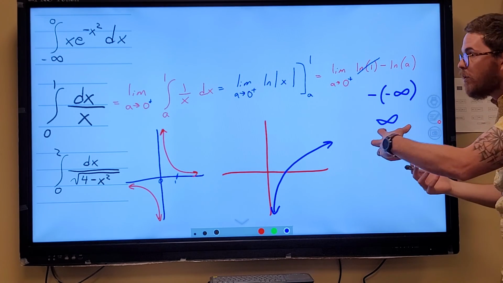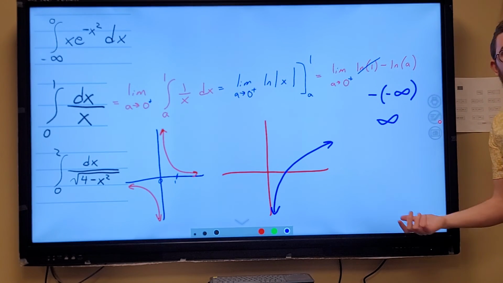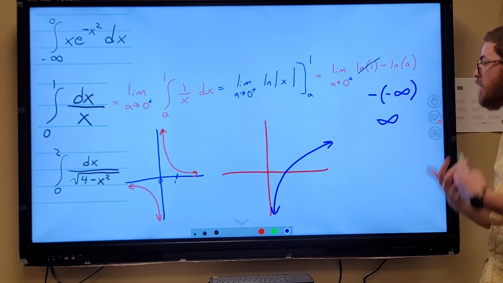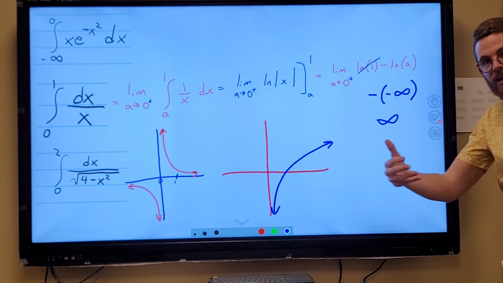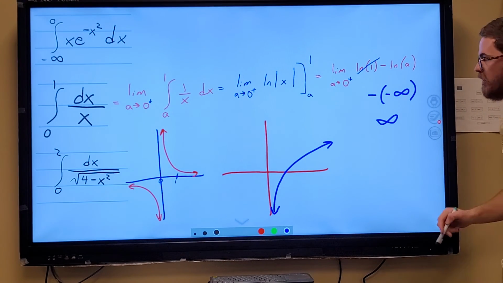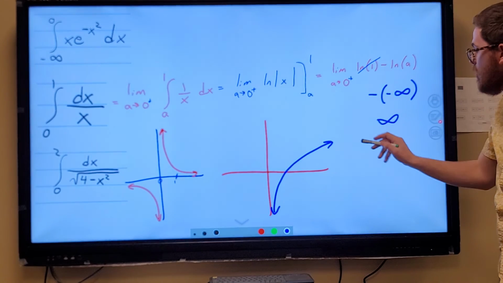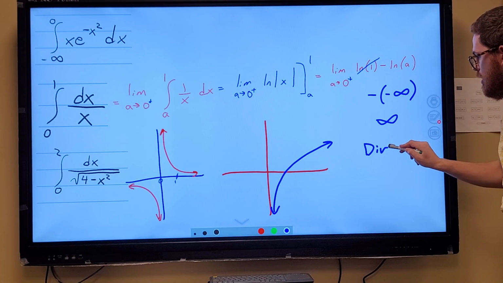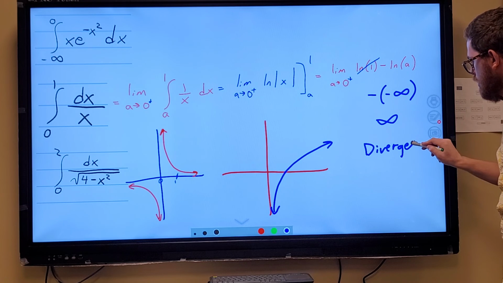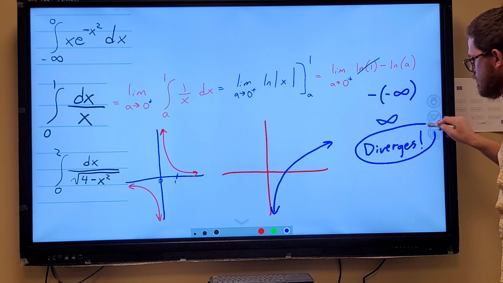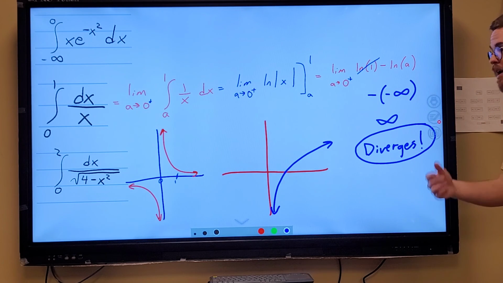This area, we are saying that area right there is limitless. It is boundless. It goes to infinity. It just keeps adding. And so we say that this improper integral diverges. And that would be our answer.